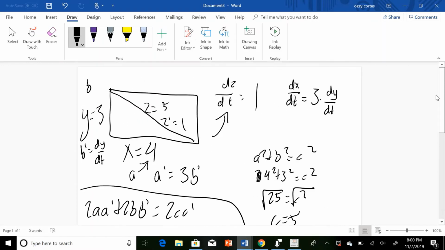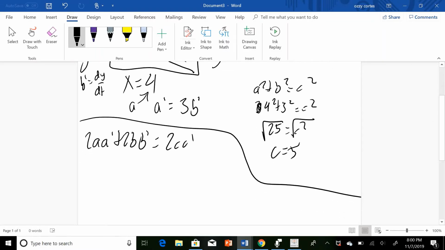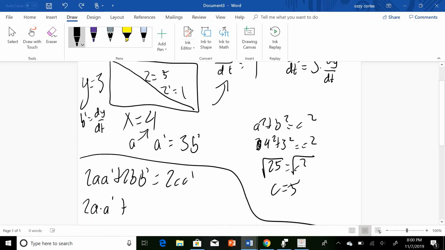Because a prime is equal to 3b prime, we can write 2a times 3b prime plus 2b b prime equals 2c c prime.